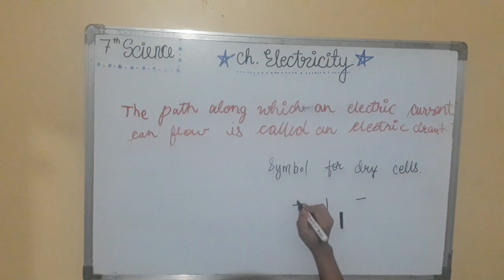Negative, positive. The long line represents the positive terminal of the cell, and the small and thick line represents the negative terminal of the cell.